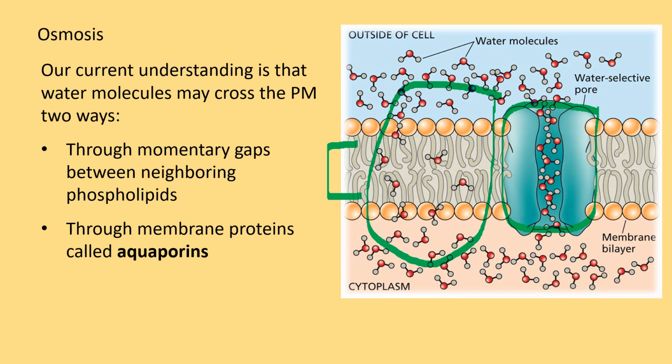So it's a transmembrane protein that, the way it's built, specifically allows water to cross the plasma membrane. And the thinking on the left side of this diagram, where water molecules pass through the phospholipid bilayer, is an earlier hypothesis. We still think it's true because osmosis happens even in the absence of aquaporins. So we still believe this to be the case.